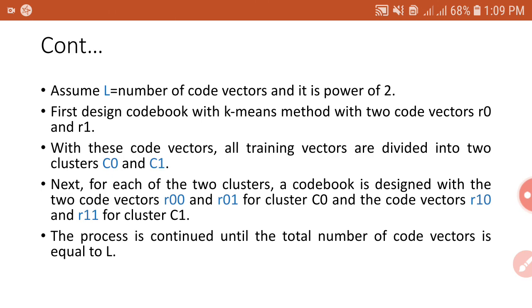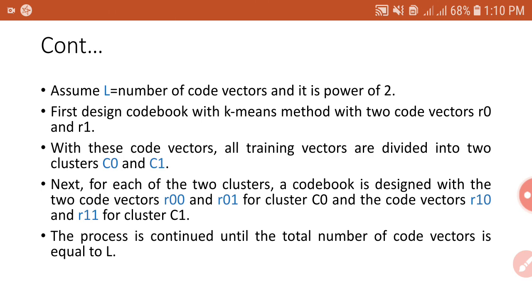So again your clusters are divided into two clusters. C0 is divided into two clusters and C1 is divided into two clusters using the code vectors for that particular cluster.